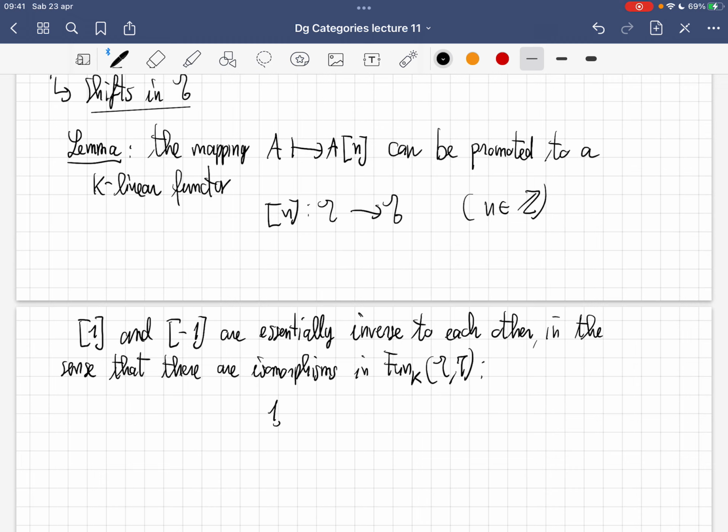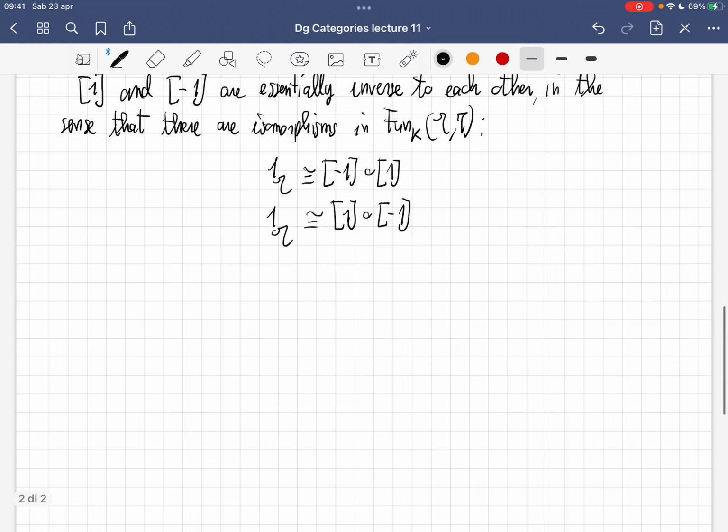So you have the identity functor, and this is isomorphic to composing -1 and 1, but also this. There are, if you want, autoequivalences.